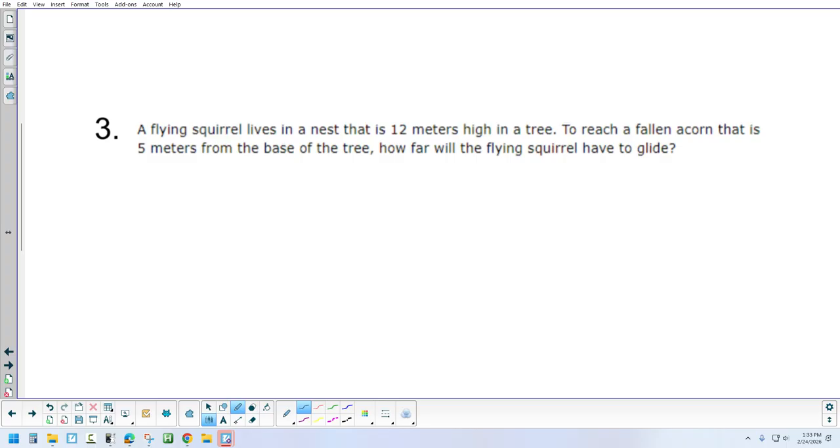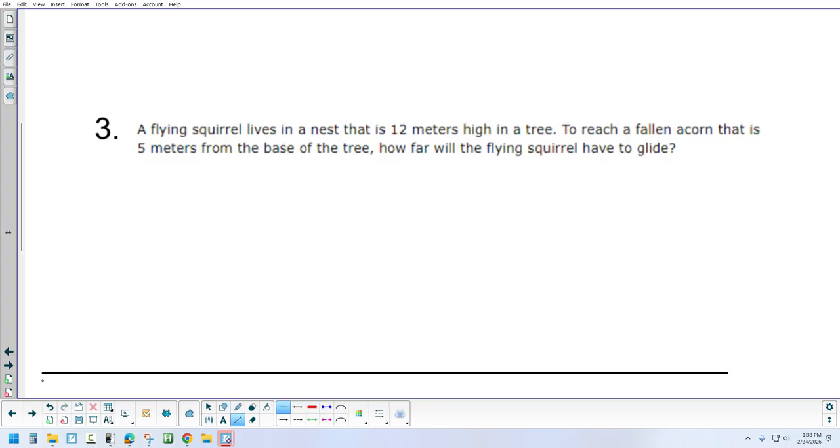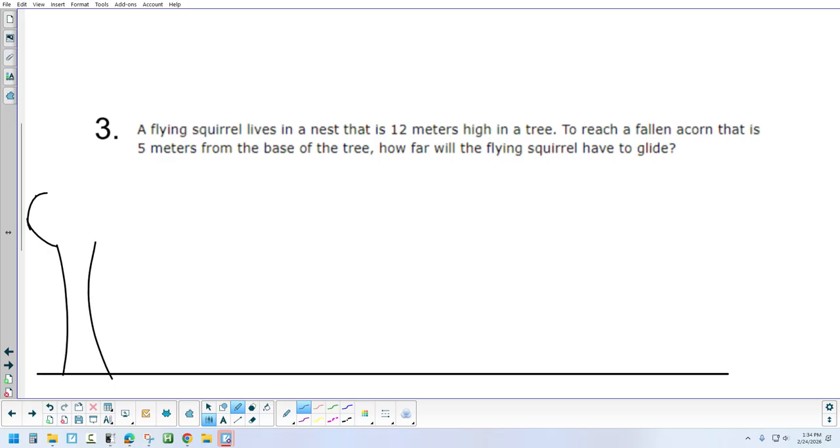All right. So one thing that's important in this picture is the ground. So let's put the ground. Can somebody tell me something else that's important to put in the picture? Yeah. Tree. So we've got a tree. So let's just put a tree over here.